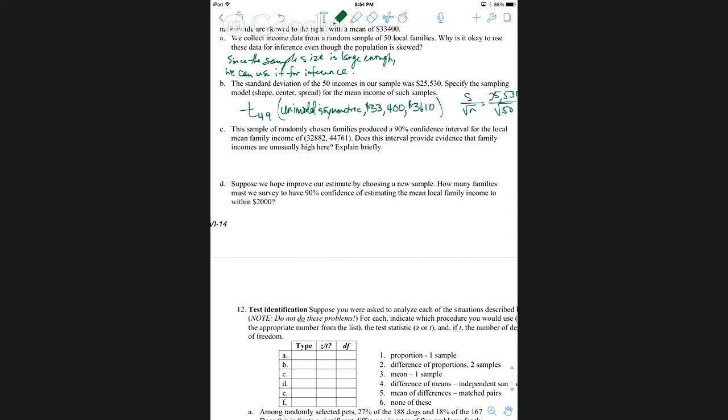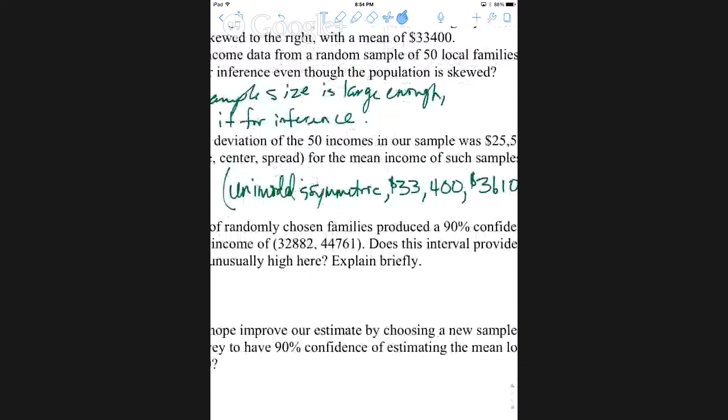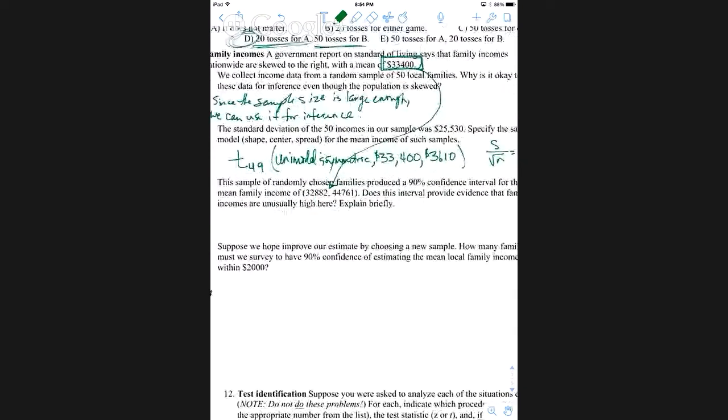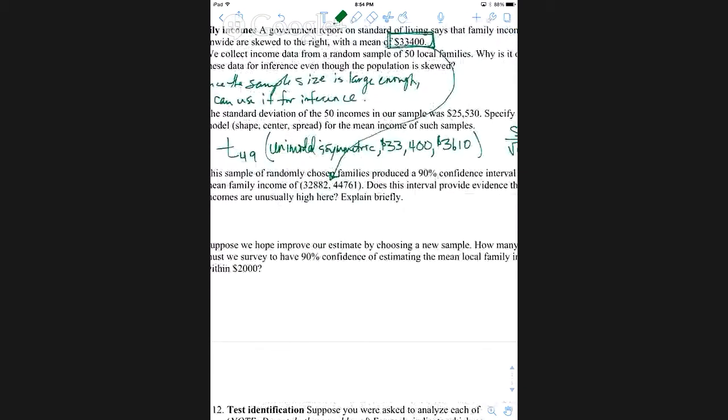Guys, this is an easy one to explain because the population mean is 33,400, and that is clearly within our confidence interval. So does that provide enough evidence? Absolutely not. It does not provide enough evidence that they're unusually high, because the mean could be right in the middle. It could be exactly the same as the population. What we would be looking for is if these numbers were higher than that.